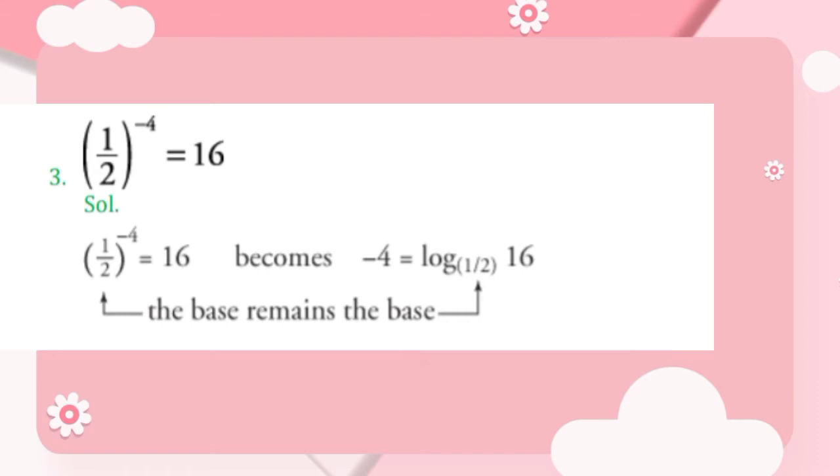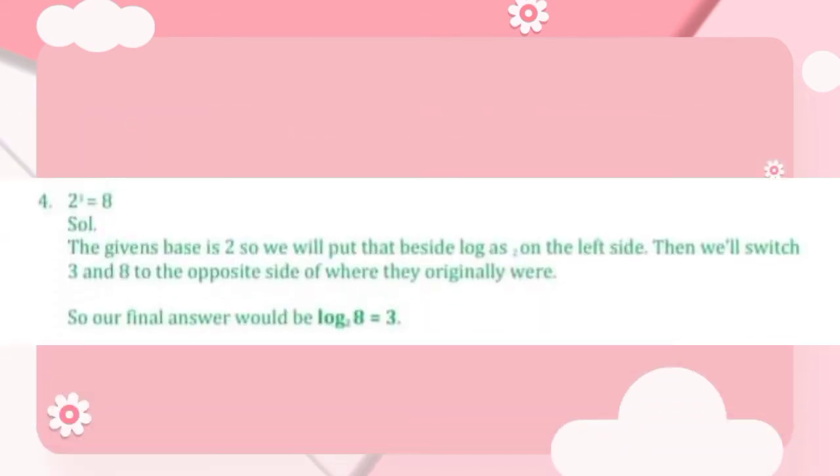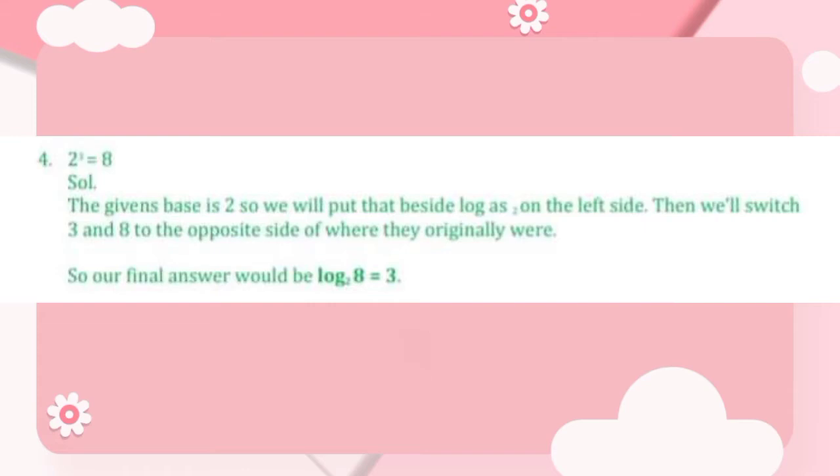Number 3. 1/2 to the power of negative 4 equals 16. Solution. 1/2 to the power of negative 4 equals 16 becomes negative 4 equals the logarithm of 16 to the base 1/2. Number 4. 2 cubed equals 8. Solution. The given's base is 2, so we will put that beside logarithm as 2 on the left side.